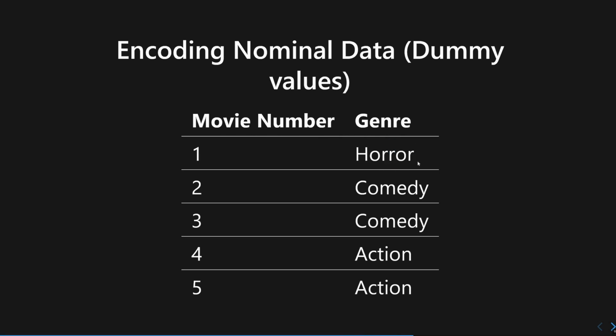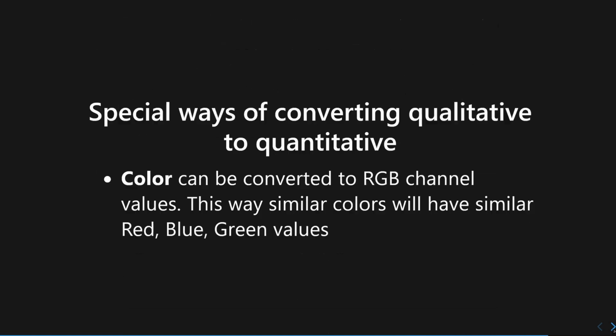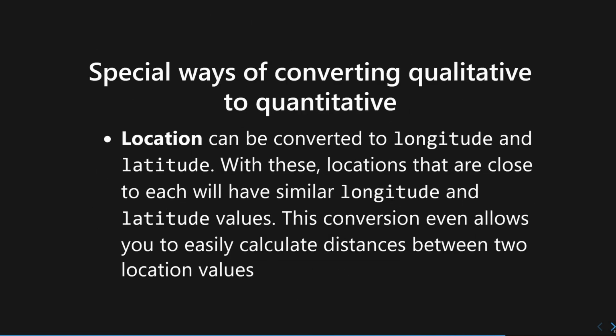If you encode horror as 1 and comedy as 2, for example, it doesn't really make sense that 1 and 2 are close, because horror and comedy are not close to each other. So that's what I meant a while ago when I said the natural ordering is non-existent for this specific value type. So moving back here, sorry for that short tangent.